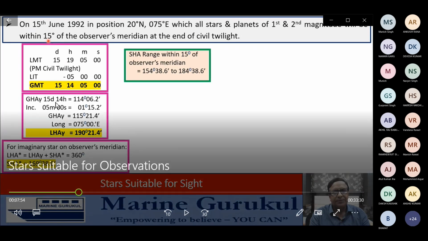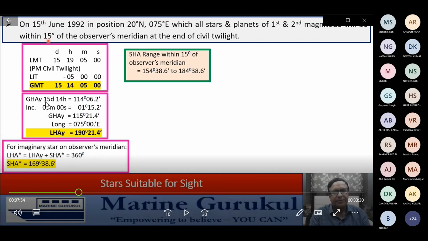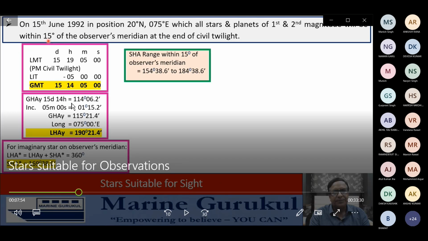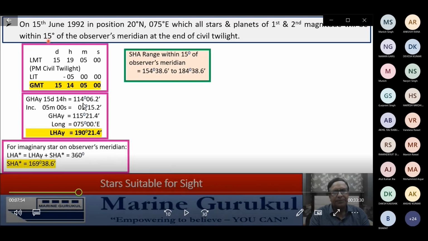Now for this time, we find out the GHA of Aries. So you can check for the 15th day, 14 hours. The GHA of Aries is 1146.2. Are you able to find it, beta? Okay.